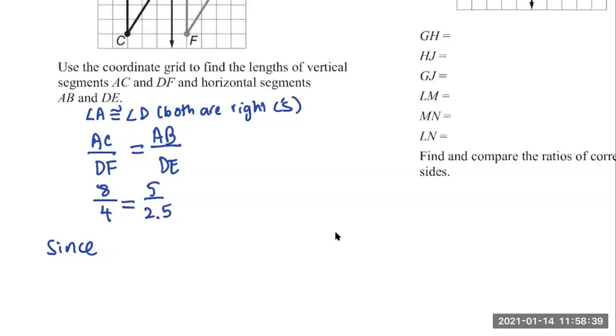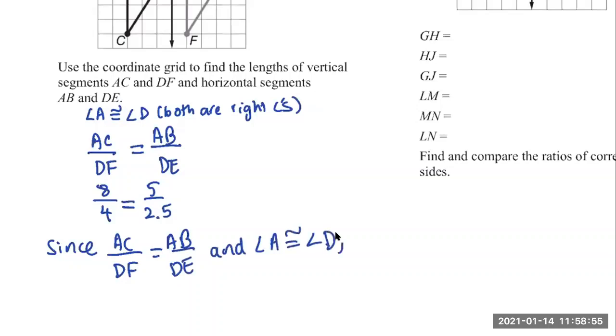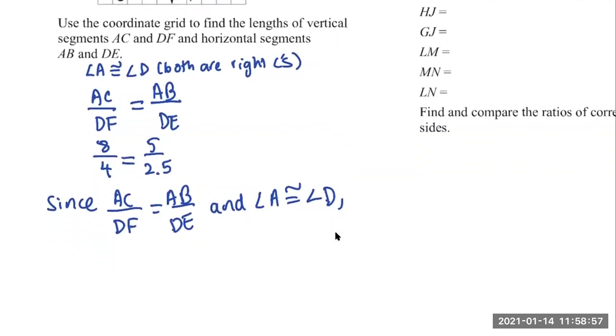So I would say since the lengths of the sides are proportional, or you guys can just write the proportion, since AC to DF is equal to AB to DE, and angle A is congruent to angle D, then triangle ABC is similar to triangle DEF by what?